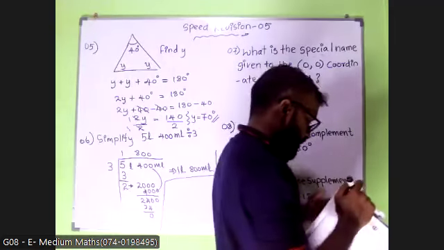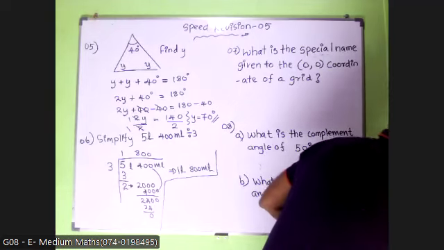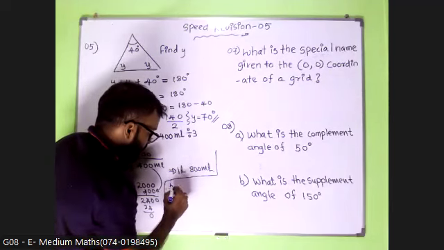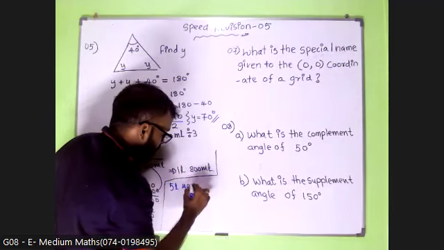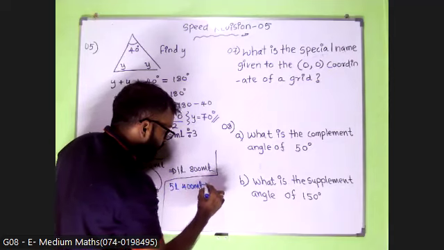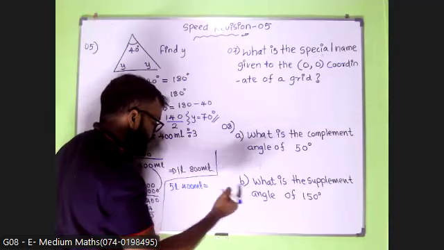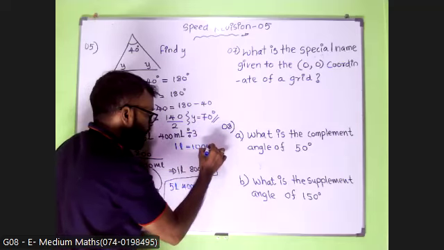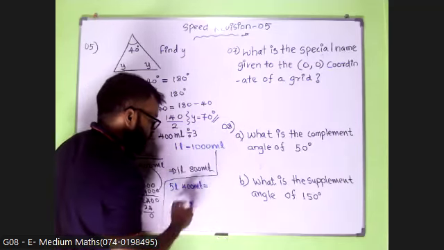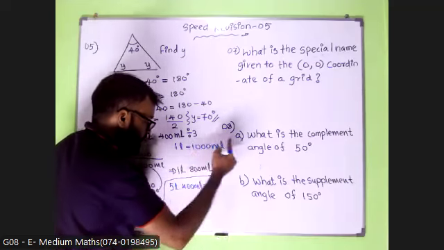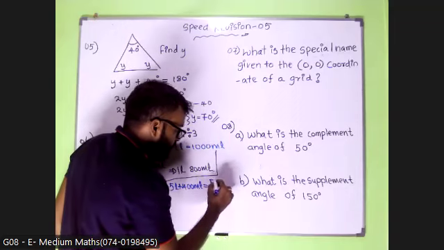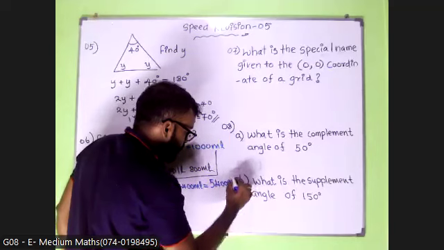I will convert 5 liters and 400 milliliters into milliliters only. 1 liter equals 1000 milliliters, so 5 liters equals 5000 milliliters. 5000 milliliters plus 400 milliliters, 5400 milliliters together.